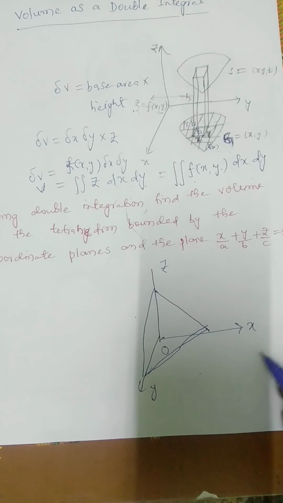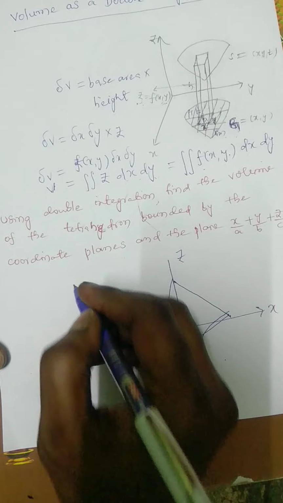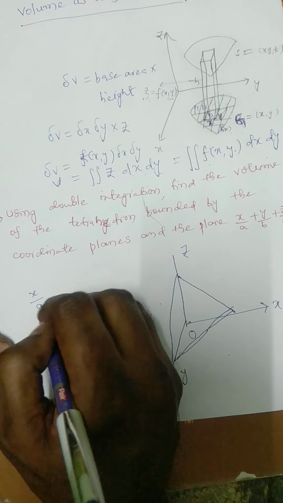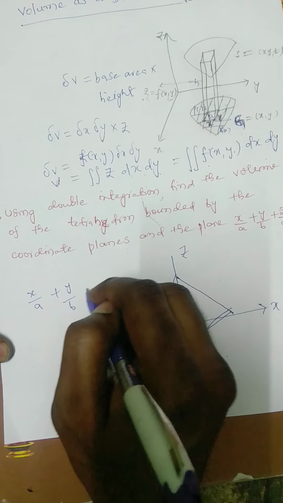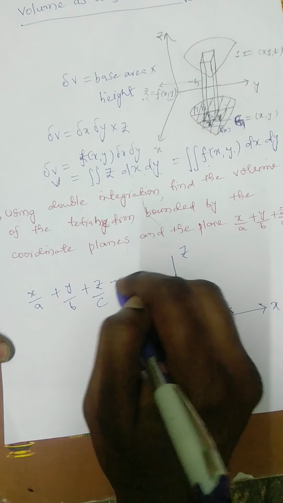The tetrahedron is bounded by the coordinate planes, right? Now, what is the given plane? Given x by a plus y by b plus z by c equals 1.